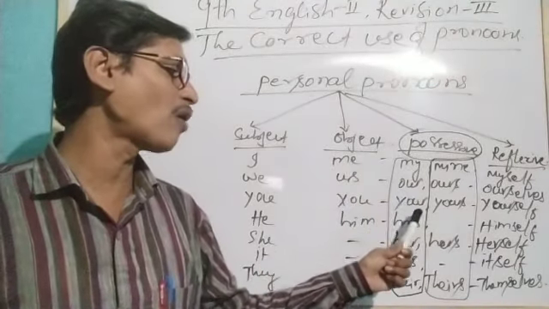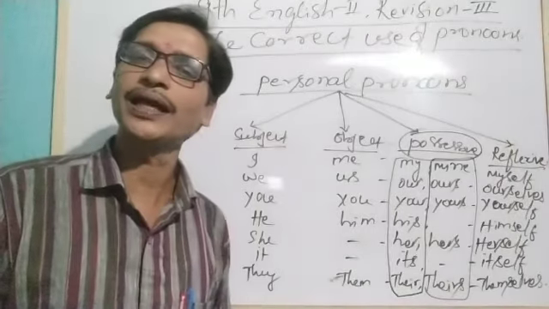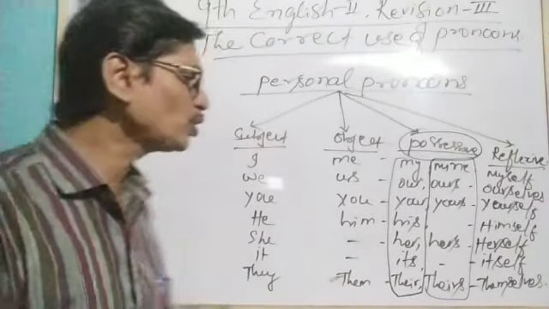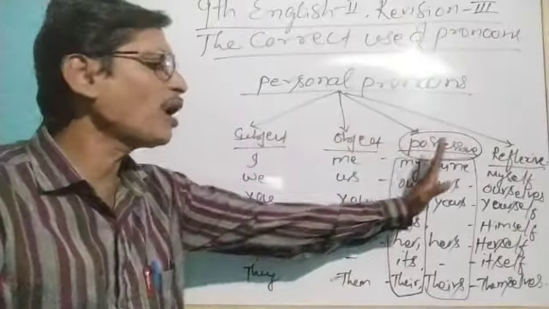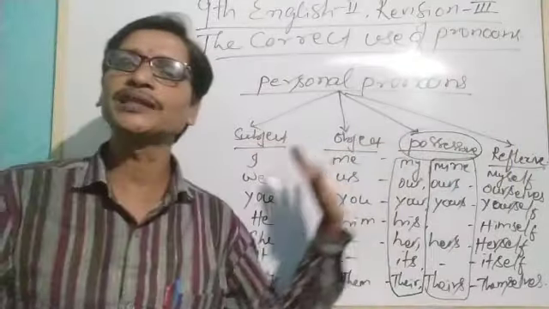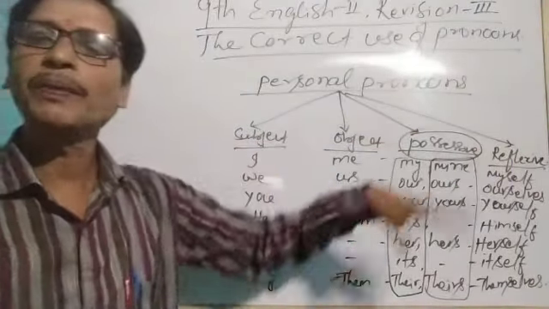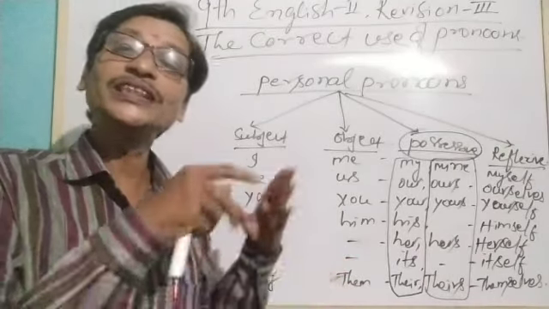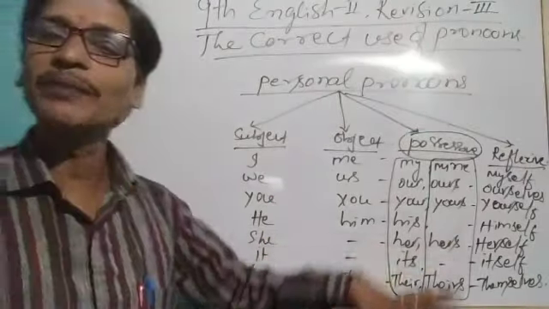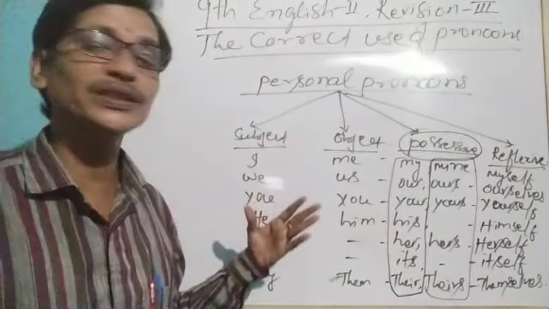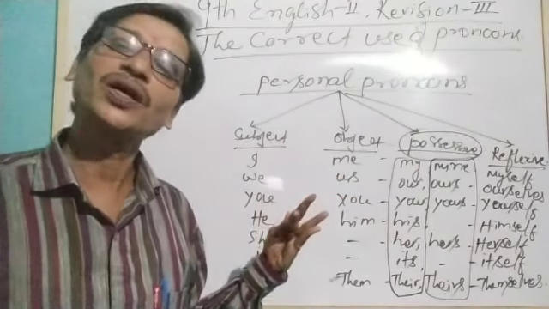So here my, our, your, their are being used as possessive adjectives. So you understood? The possessive pronoun, possessive adjectives, objective form, subjective form, as well as reflexive form of the personal pronouns. Now we will understand those instructions to use them correctly, so that we will have confidence in using pronouns correctly.